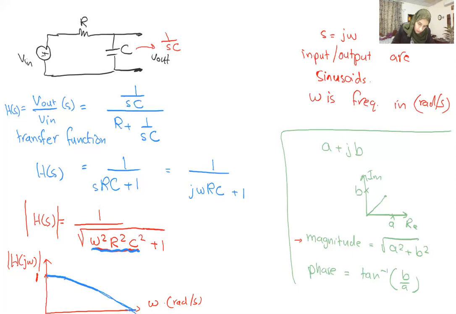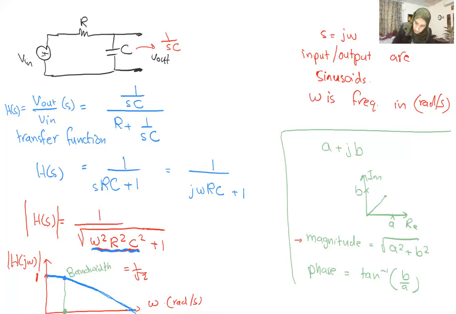Now, there is an important value here, which we call the bandwidth. It is the value of omega where we cross this point, I mean, where we have our amplitude equal to 1 over square root of 2.